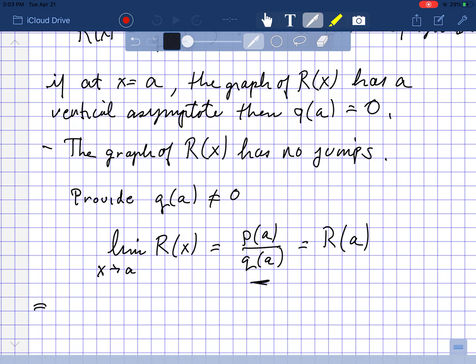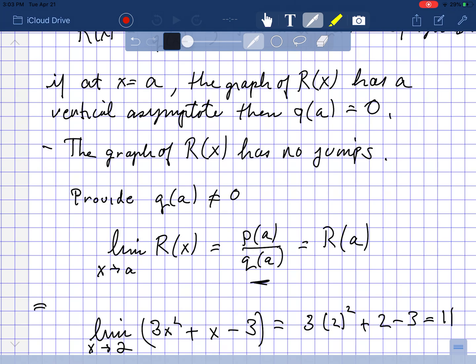So if I have the limit as x approaches 2 of 3x squared plus x minus 3, this is just going to equal 3 times 2 squared plus 2 minus 3, and this is equal to 11.